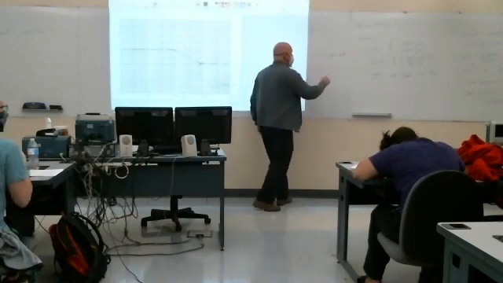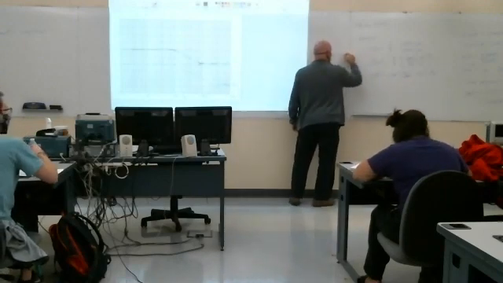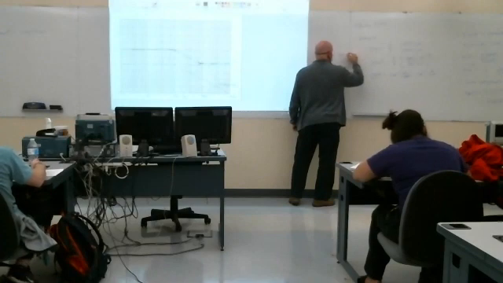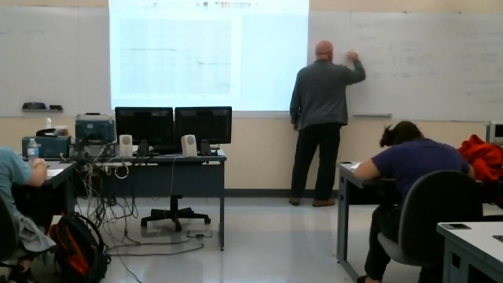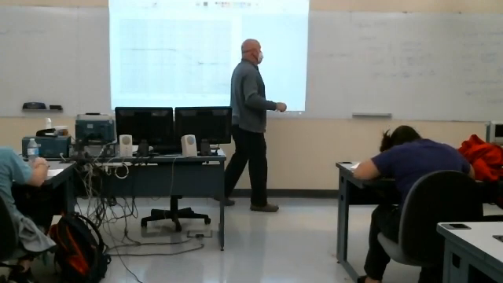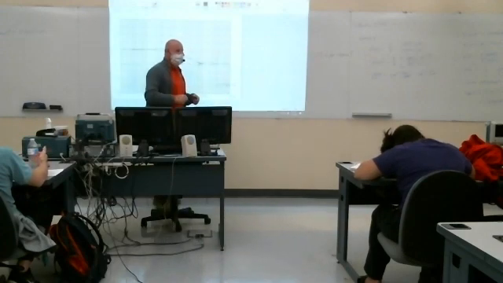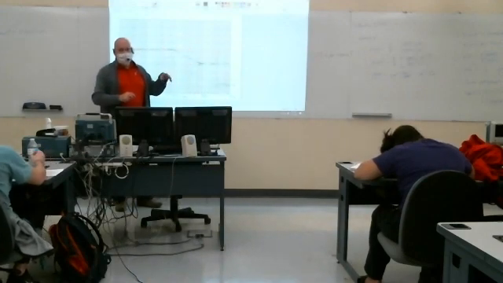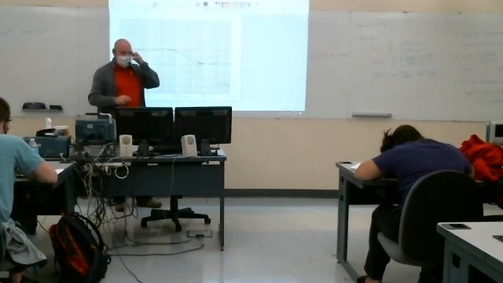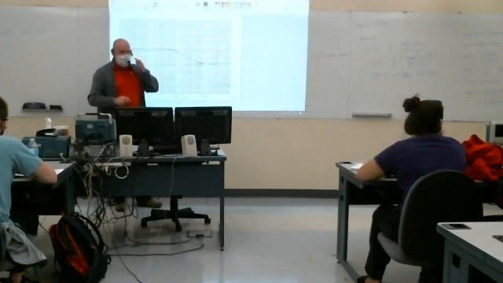Actually, it would be omega over omega c squared. The only difference would be you would go up at a 40 dB rate because of the squaring, or down at a 40 dB rate for the second order terms.